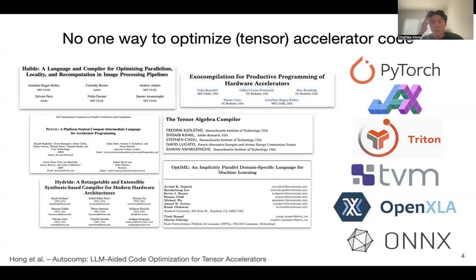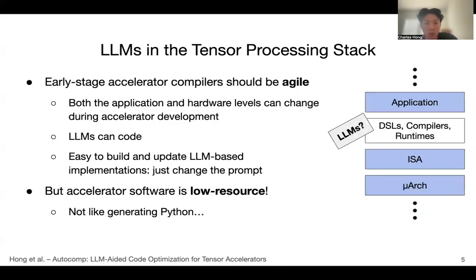One problem that we've run into along with this is that there's not just one way to optimize and compile the code for these tensor accelerators. Compilers for CPU code have evolved over decades, but we're really just in the early stages with these accelerators.